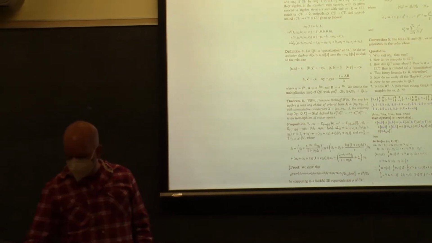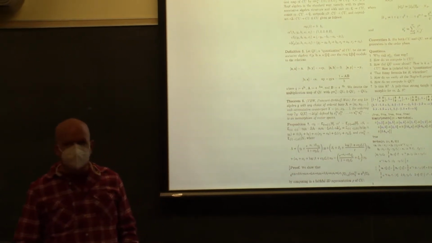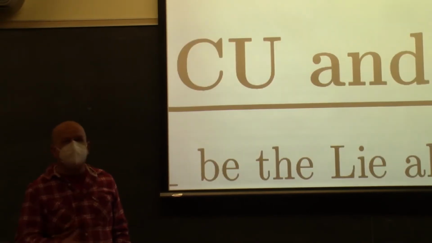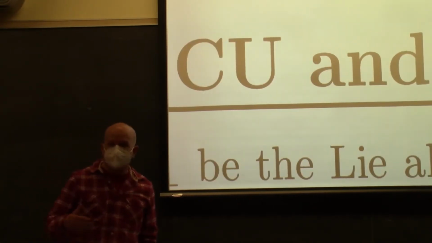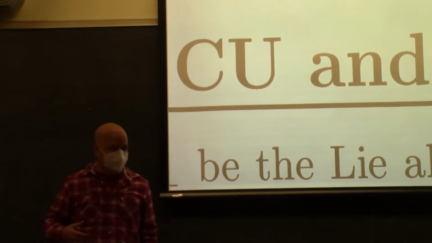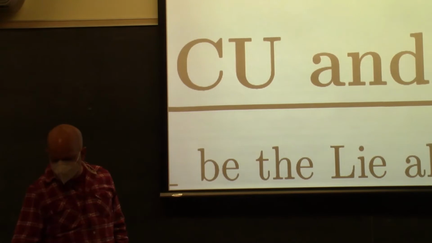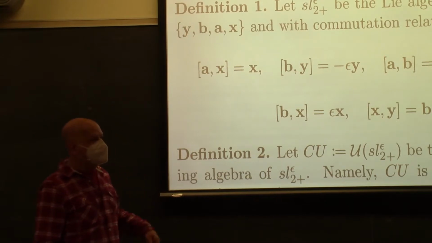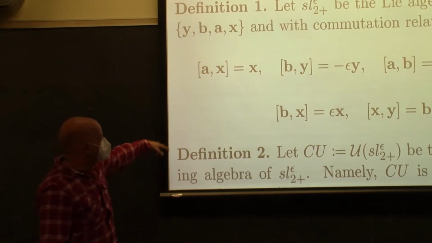Okay, so let me remind you where we were. We are looking at the two algebras that will be the final ones, the ones that actually work: Cu and Qu. Cu is a Lie algebra given by the commutation relations written here.